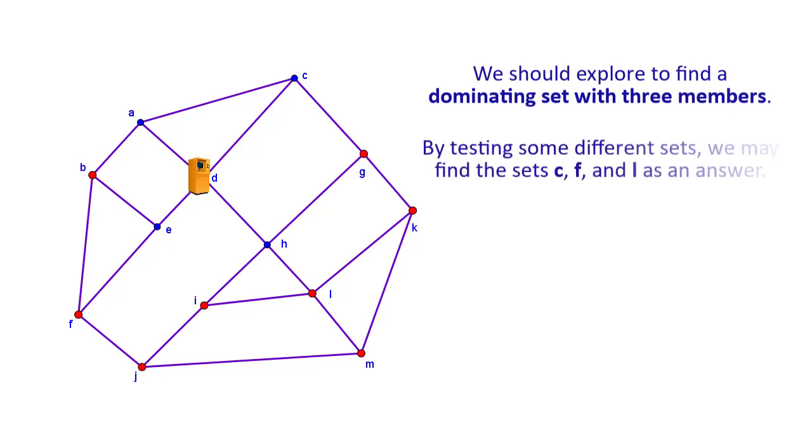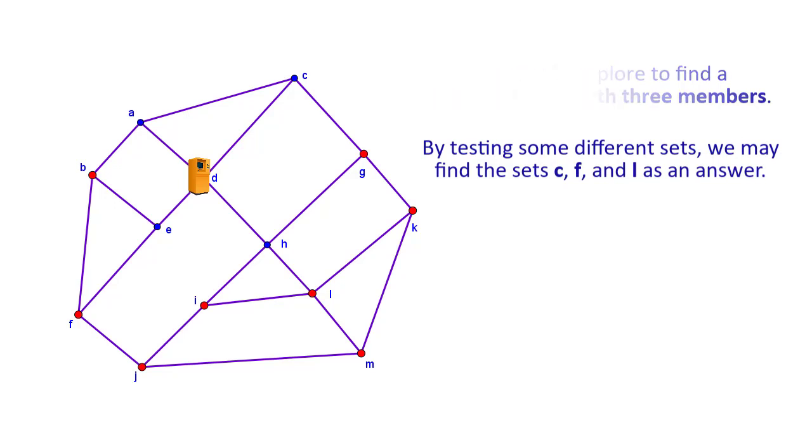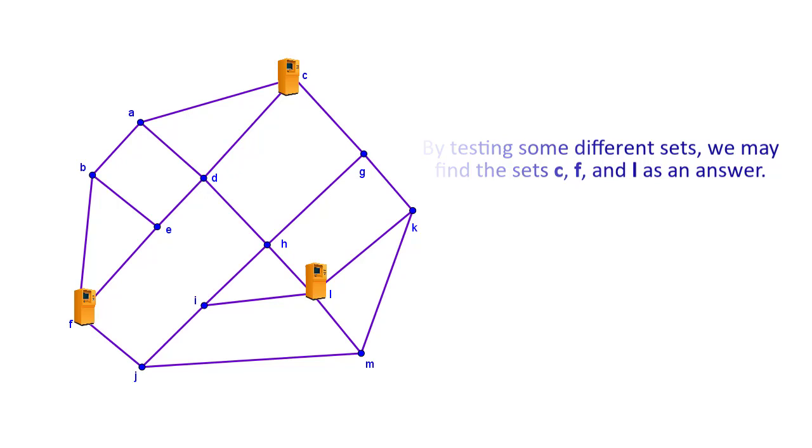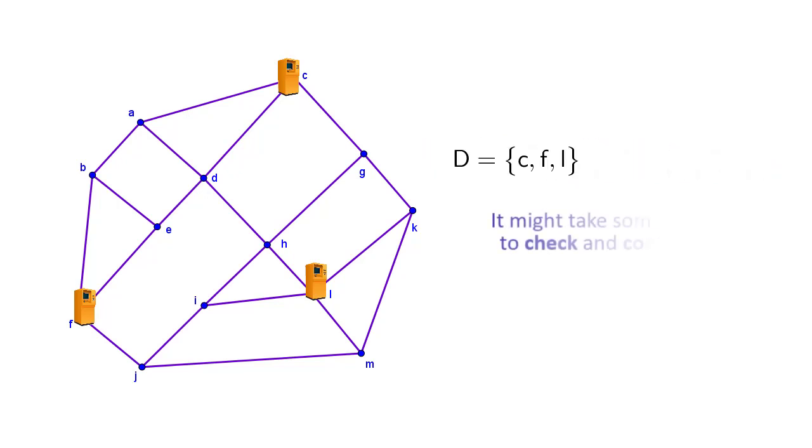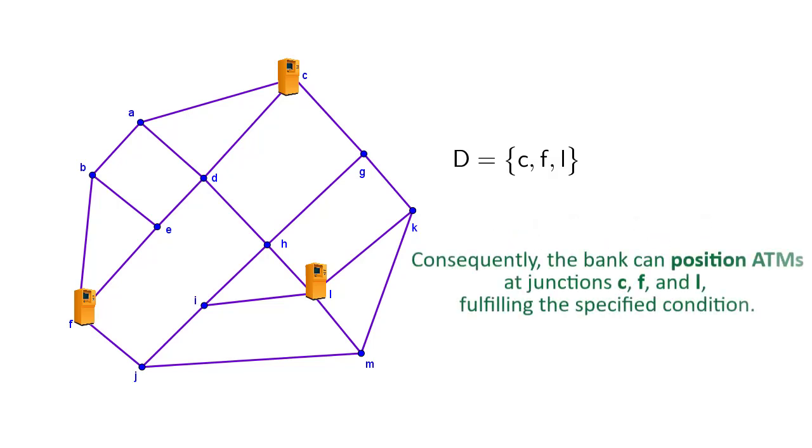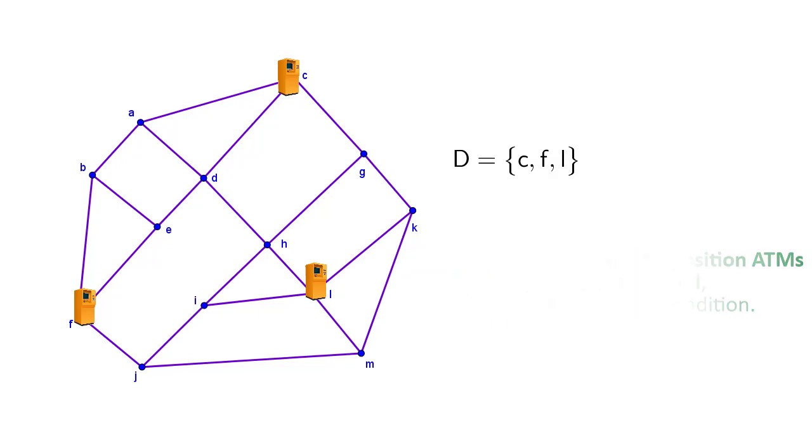By testing some different sets, we may find the set C, F, and L as an answer. It might take some time to check and compare. Consequently, the bank can position ATMs at junctions C, F, and L, fulfilling the specified condition.